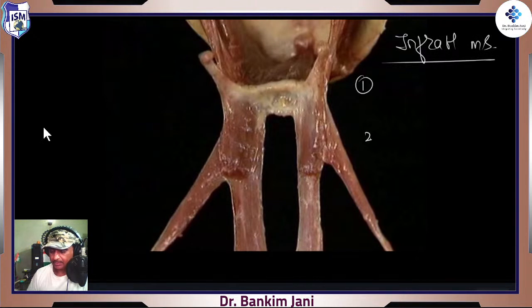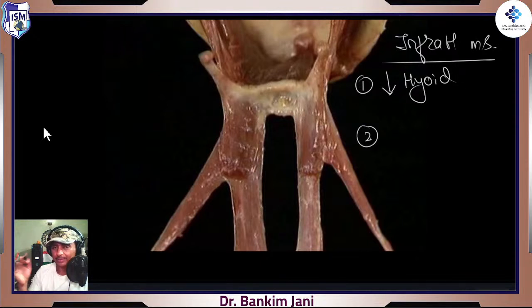What's the purpose of these 3 infrahyoid muscles? They have 2 functions. One, when the hyoid is elevated, they'll take it back. So they will depress the hyoid, physically, not from a psychological point of view, right? They will take it down after it has been elevated.